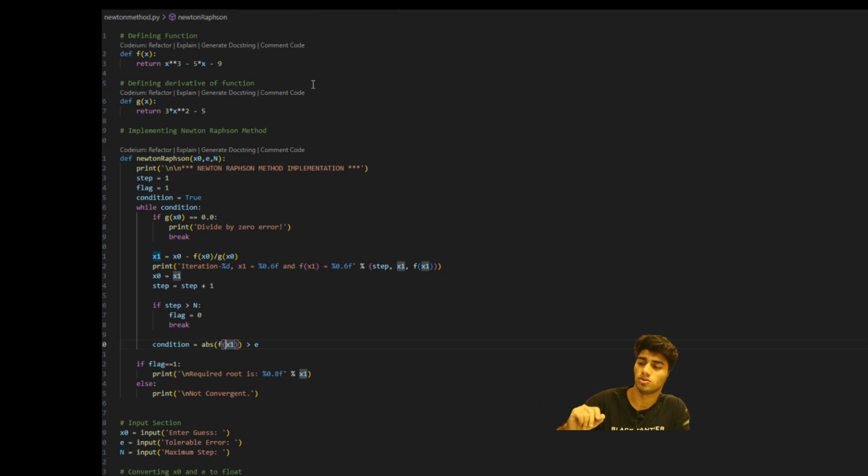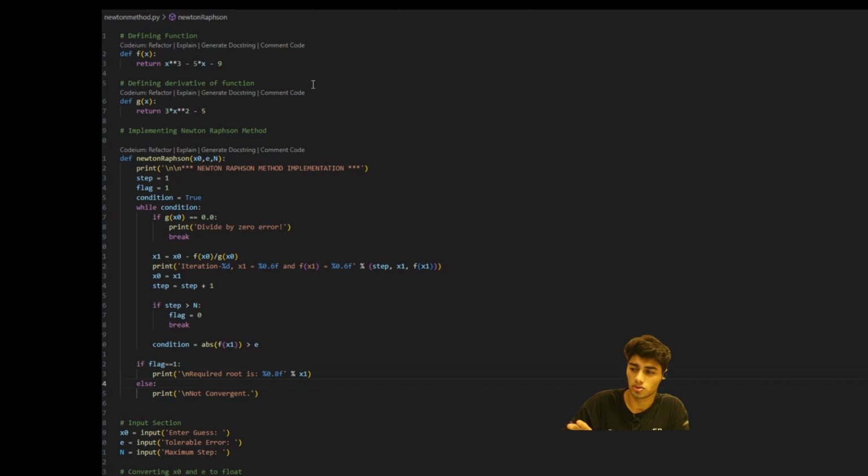What does absolute do? It does not matter if your f of x1 is negative or positive. Whenever it becomes smaller than the tolerable error, you change the value of the condition. As soon as you change it, the while loop's condition becomes false and it gets out of the while loop.